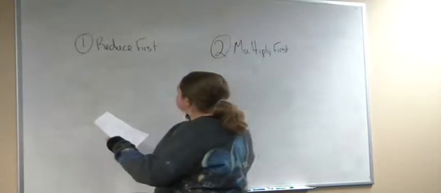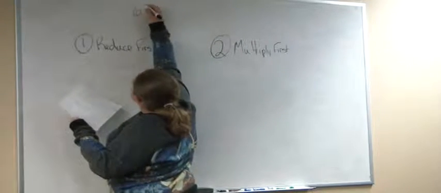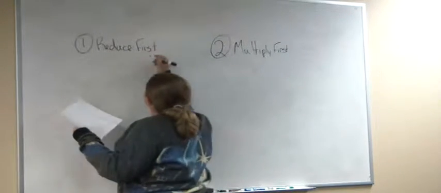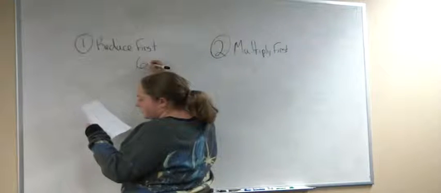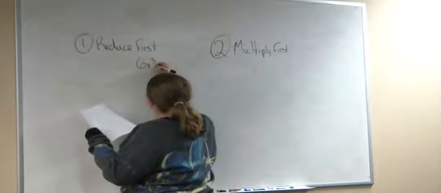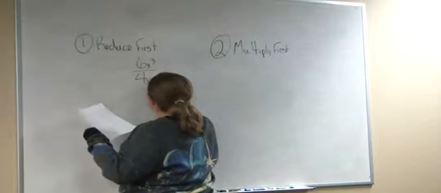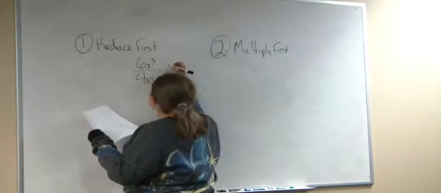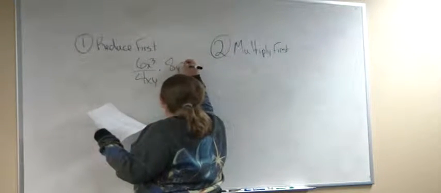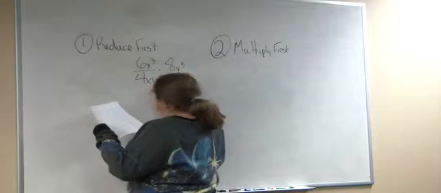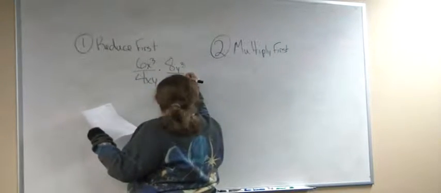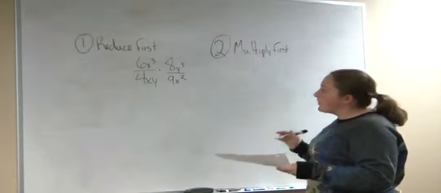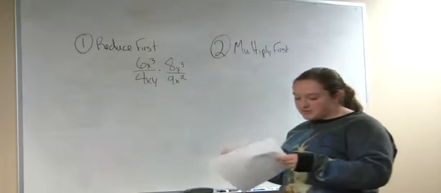So, our equation was 6x cubed over 4xy times 8y cubed over 9x squared. Now, I'm going to start with the reduce first.